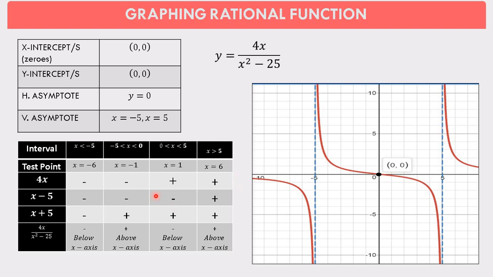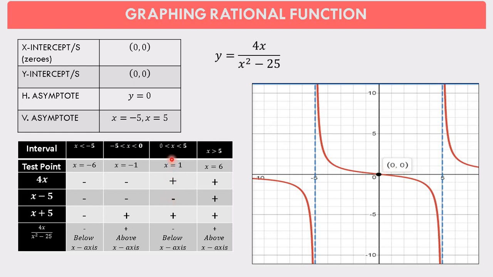So we can see here, x less than negative 5 is below the x-axis. Then between negative 5 and 0, we have above the x-axis. Then the intercepts.